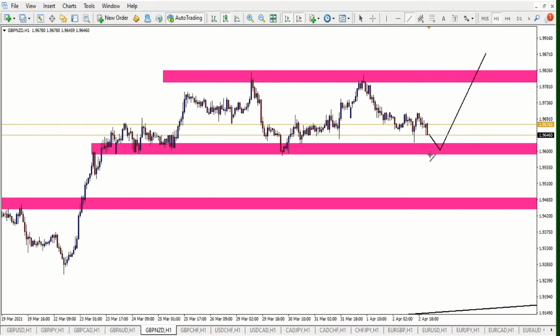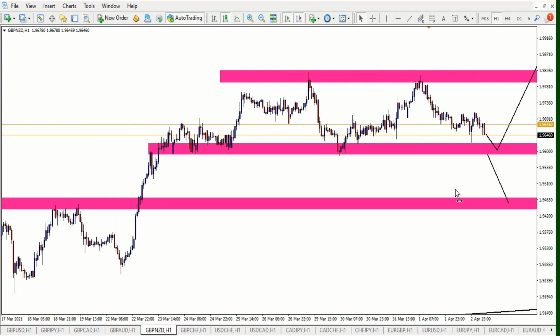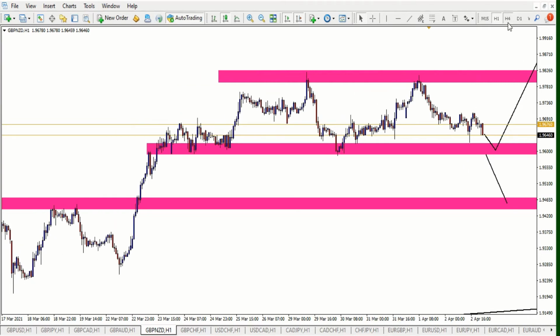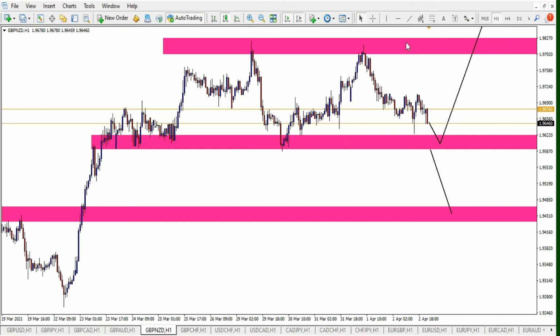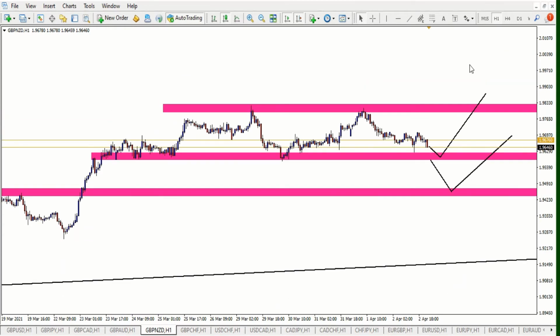And if it happens to break through, it could come to this support right here. Go to the 4 hours where you see it. This support was the previous resistance, but it will play as support now, and it could move upward.